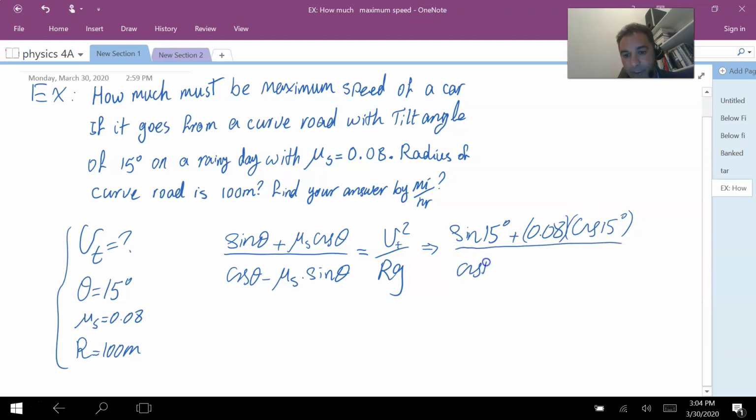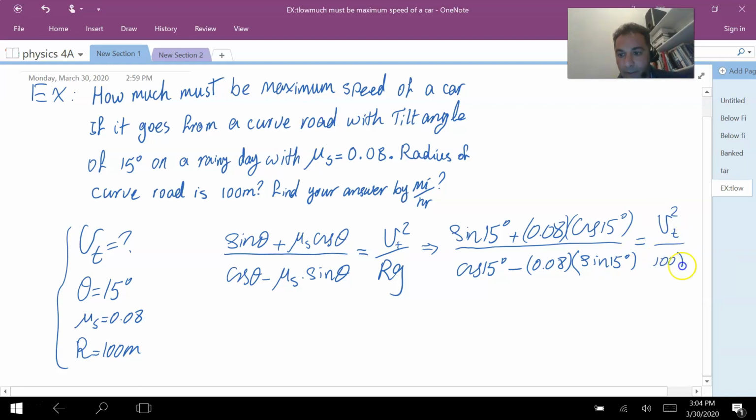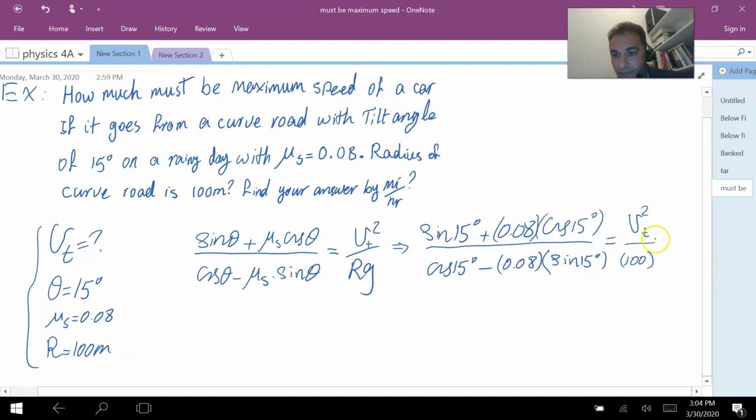Divided by cosine 15 degrees minus 0.08 sine 15 equal v squared divided by rg. R is 100 and g is 9.8. Therefore, let's find the answer.